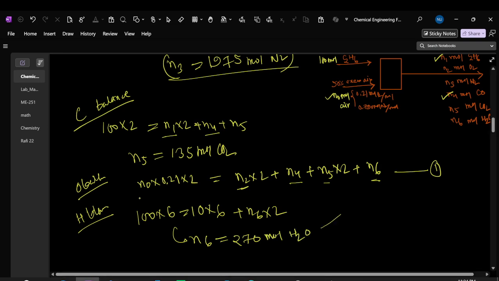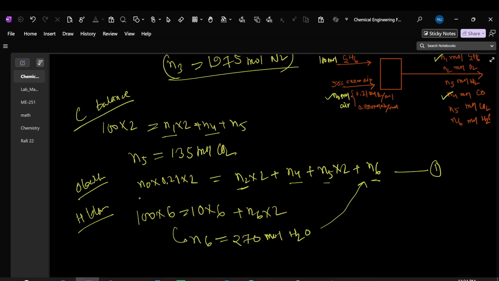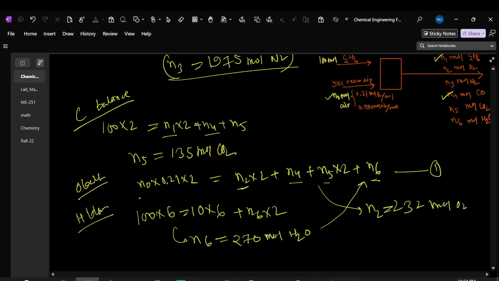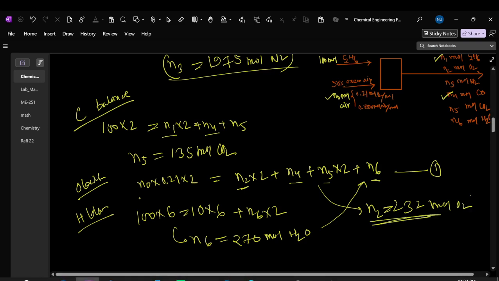If we put this into the oxygen equation, we can find the N2 value, which will be 232 mole oxygen. So now we have found all the unknowns.